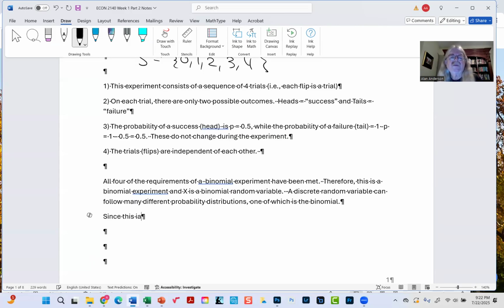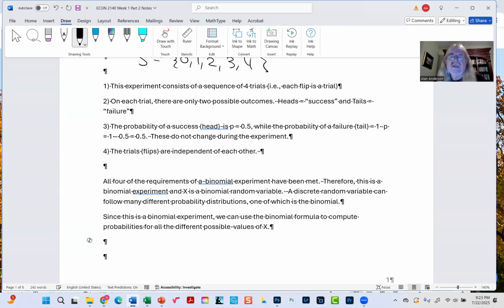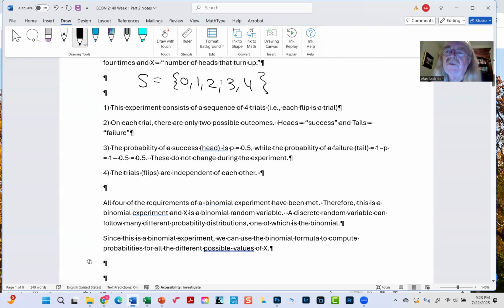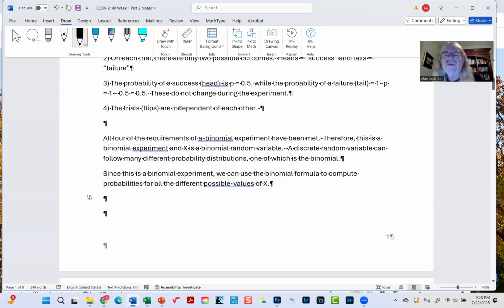Since this is a binomial experiment, we can use the binomial formula to compute probabilities for all the different possible values of x. And I'm going to give you a hint right now: these are not all equally likely. The probability of getting no heads, one head, two heads, three heads, four heads are not equal to each other.